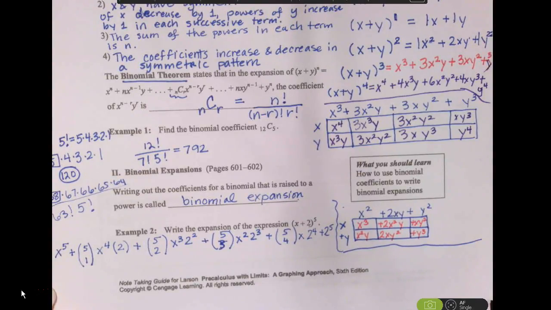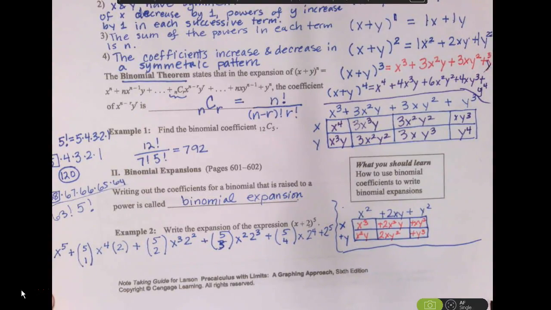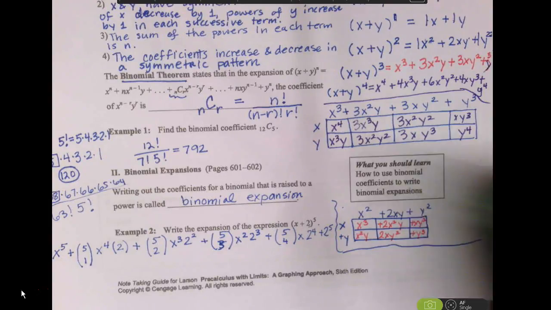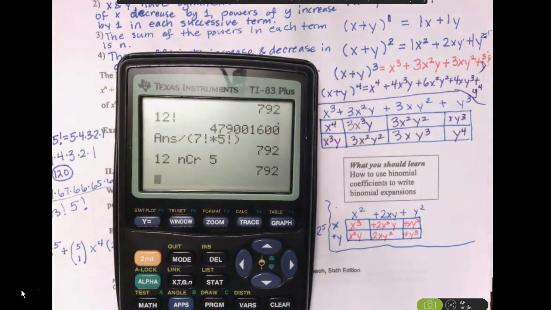So let's start working out what some of these numbers are. So let me do a combination of 5 things taken 1 at a time.